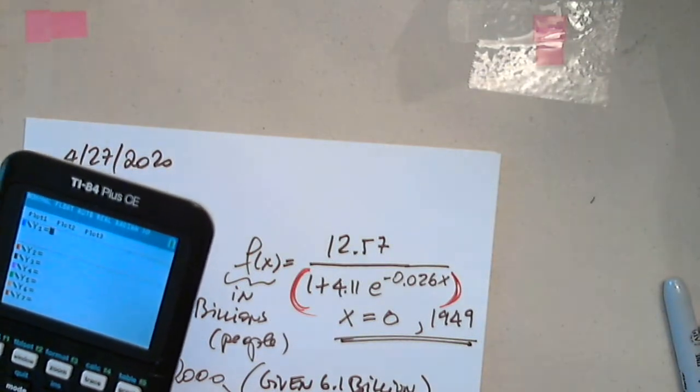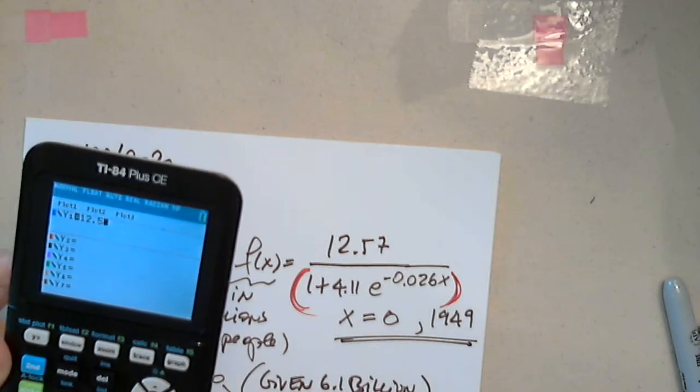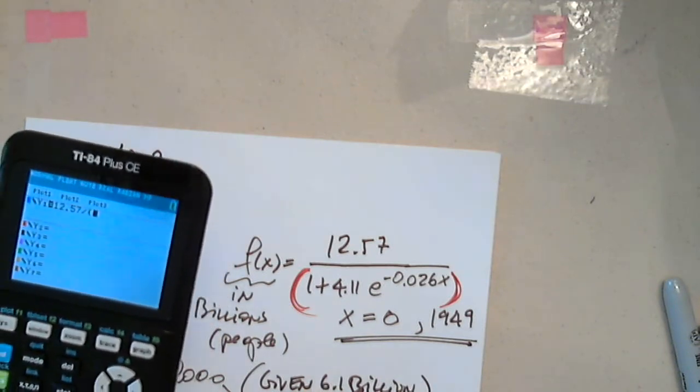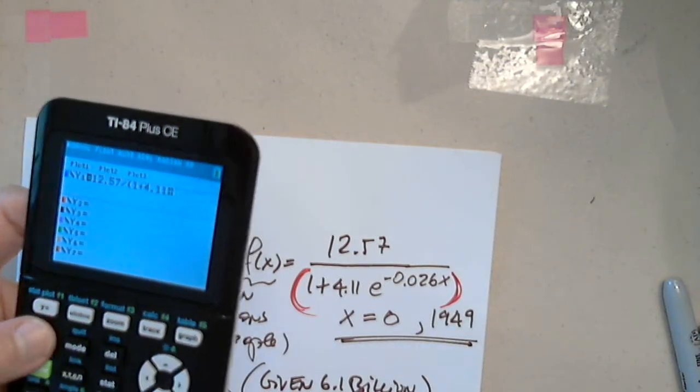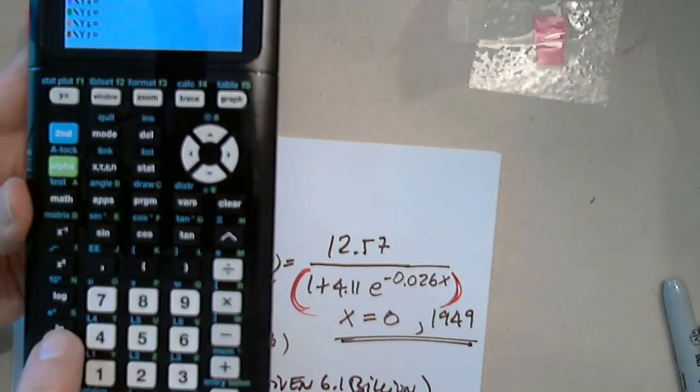So let's type in 12.57. Stop me if you have questions, please. In parentheses, 1 plus 4.11. Remember where e is, with the same key with natural log.